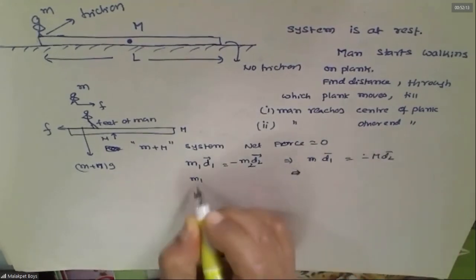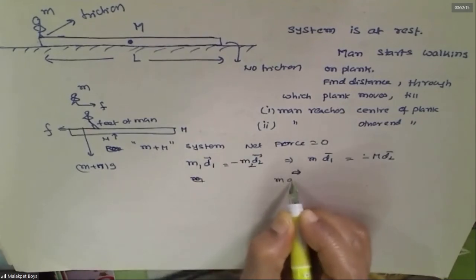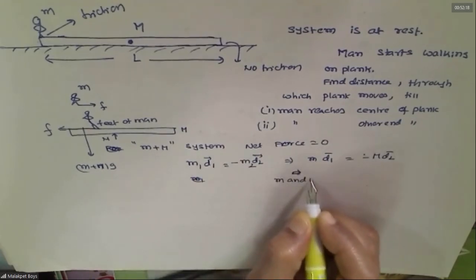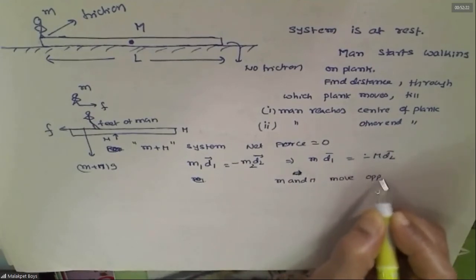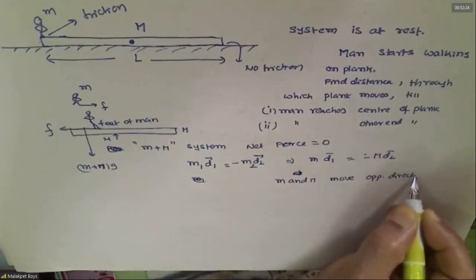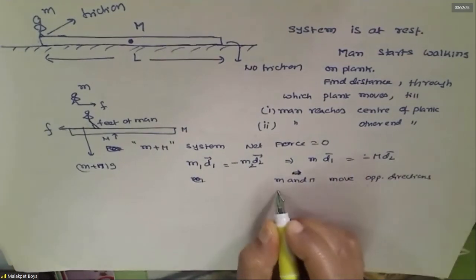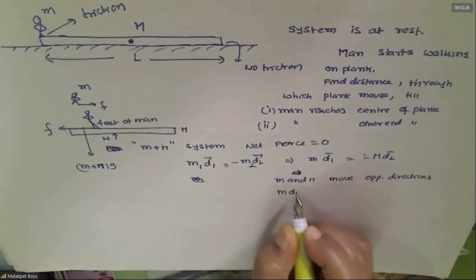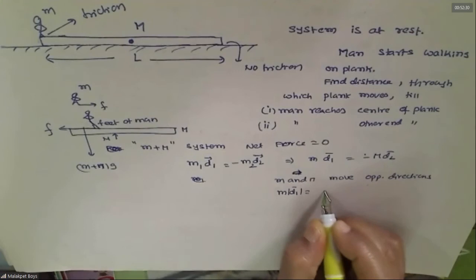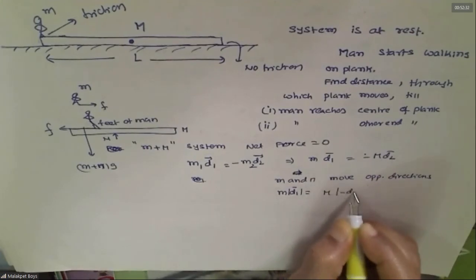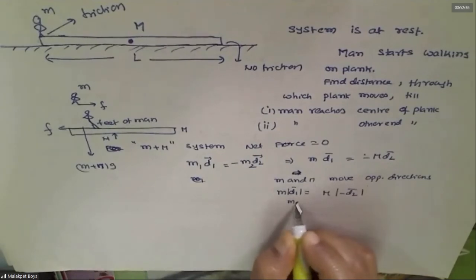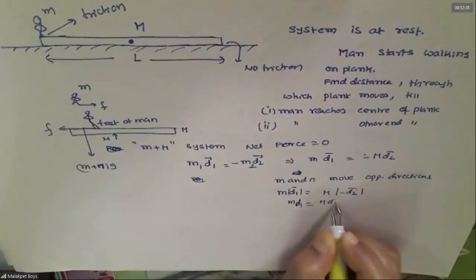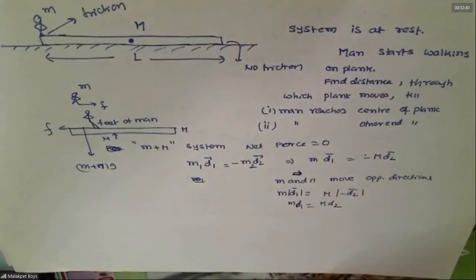This implies the plank and the man move in what direction? Opposite direction. So now magnitude-wise you can take M1D1 equals M2D2, no? Do you agree with this?